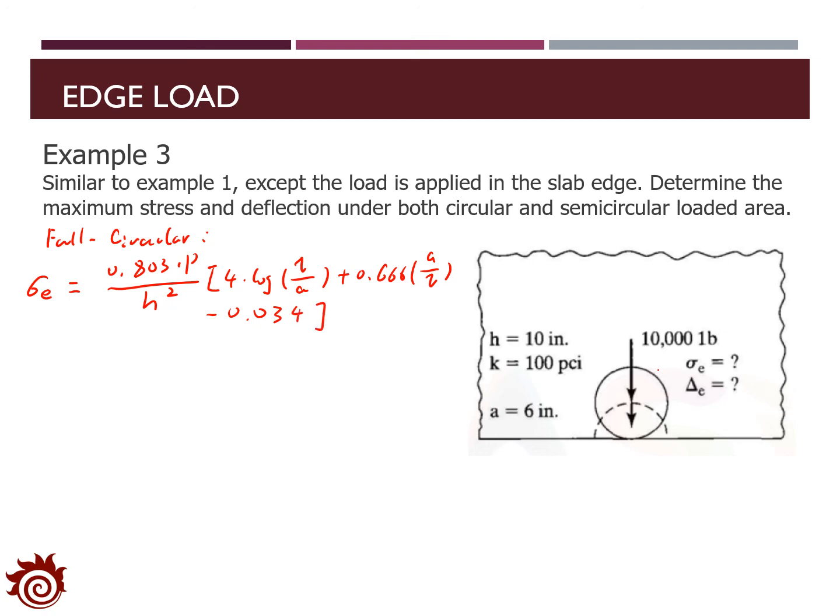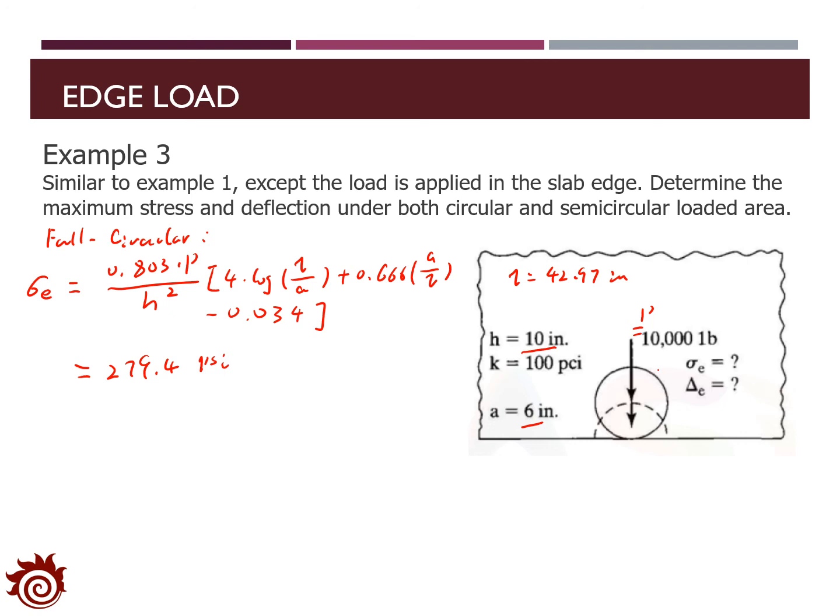From the assumption, we also have L equal to 42.97 inches, which was calculated in the first example. And by applying the values of P equal to 10,000, H equal to 10 inches, and A equal to 6 inches, we can find out the value of the maximum stress as 279.4 psi.